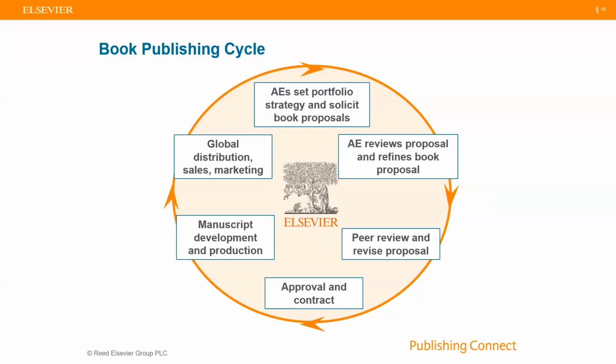Then once it's published, the global marketing, distribution and sales gets underway, although actually pre-release information of the books goes out to Amazon and other retail outlets 6 to 7 months before publication. So that in a nutshell is the publishing process, the cycle of the publishing process.